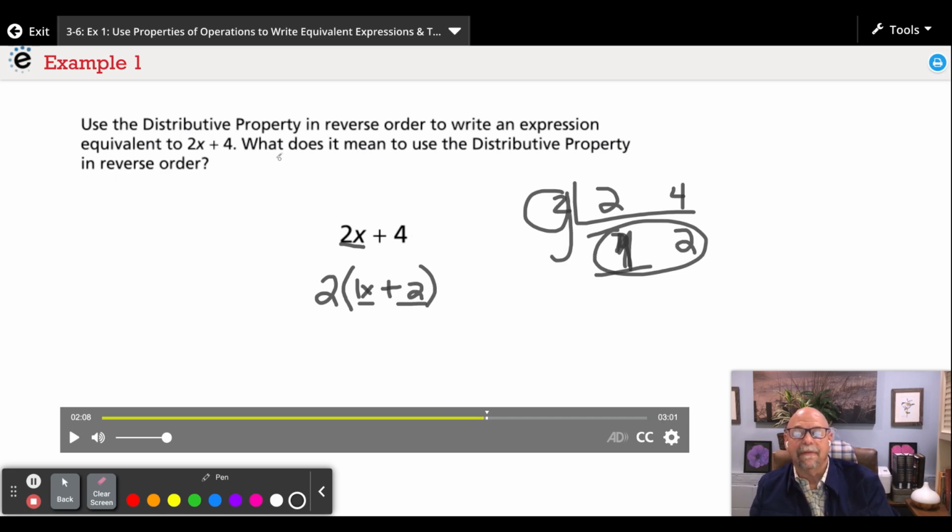So when you're talking about the reverse of the distributive property, you're really talking about factoring. And one of the reasons we spent a lot of time on doing that ladder method is so that this portion will be easier for you. All right?